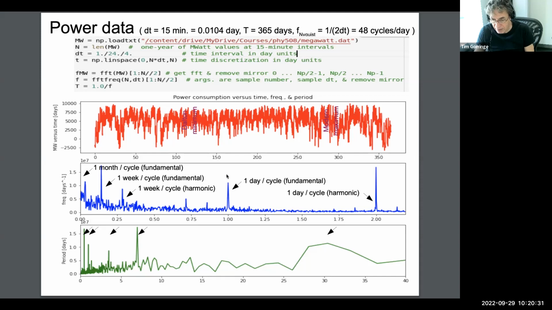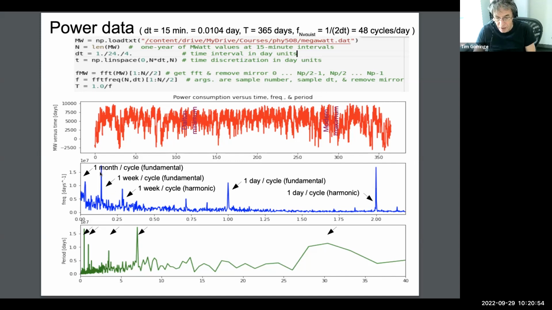So here's the fundamental frequency for one cycle per day. And here's the lowest harmonic. This is a frequency that is twice that fundamental frequency. So this corresponds to two complete cycles a day. And that's clearly in the data.